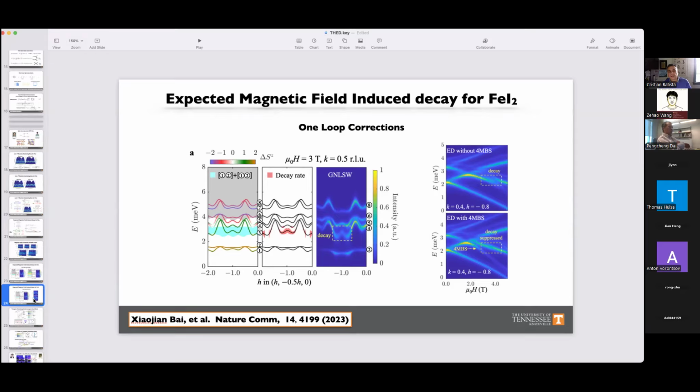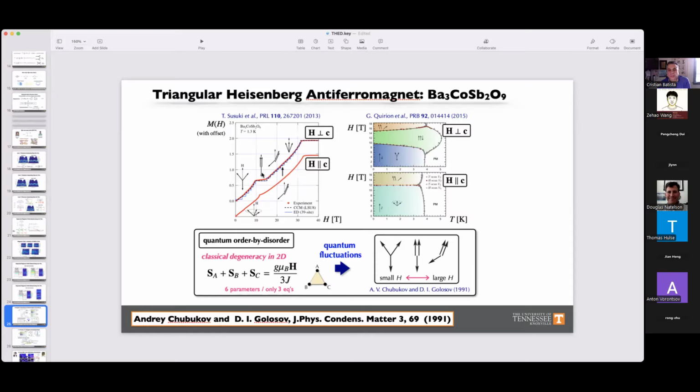Anyway, so the other problem where it is interesting to apply this technique, to test this technique, is the one-third plateau that appears in triangular antiferromagnets, right? So if you apply a magnetic field to a triangular, let's say Heisenberg antiferromagnet like this material, there is this one-third plateau phase where the spins are in this up-up-down phase, right? So two sublattices are up, one sublattice is down.